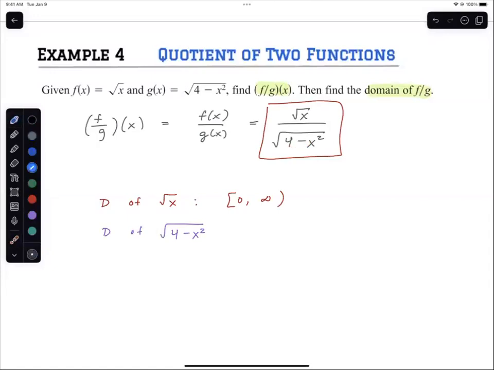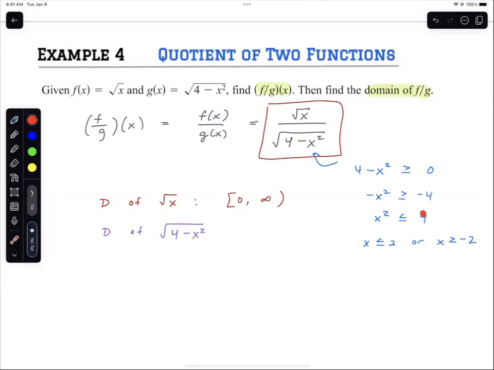So also what we could think about is 4 minus x squared. We want that greater than or equal to 0. And if we solve this, negative x squared is greater than or equal to negative 4. X squared is less than or equal to positive 4. If we square root both sides, you're going to get x is less than or equal to 2, or x is greater than or equal to negative 2, because the negative, remember, plus or minus, the negative is actually going to cause this sign to flip.